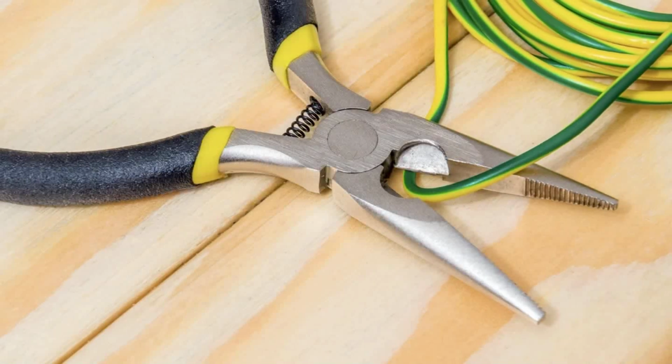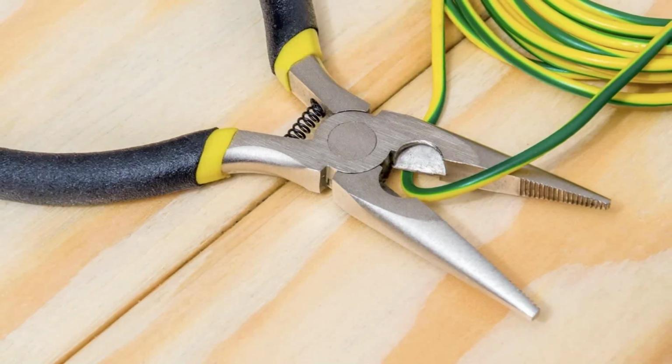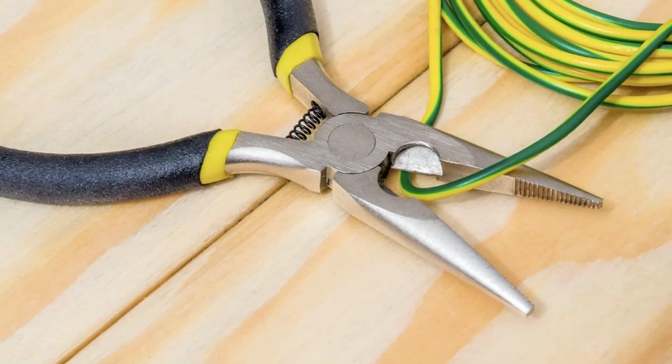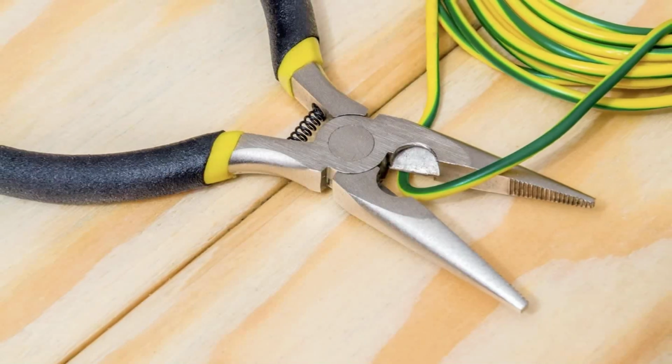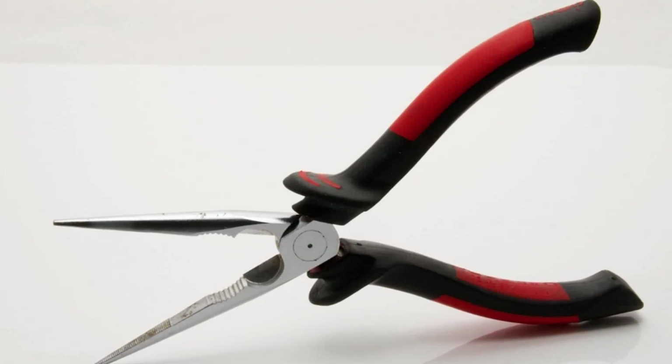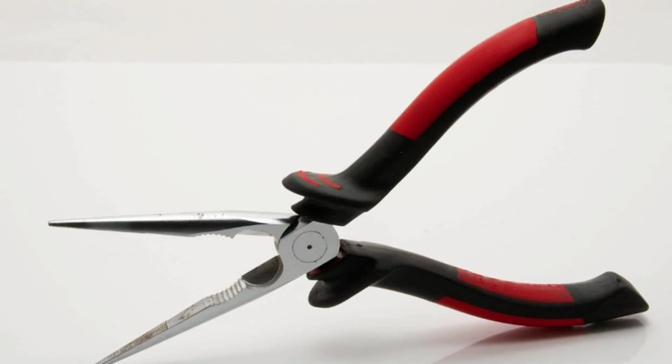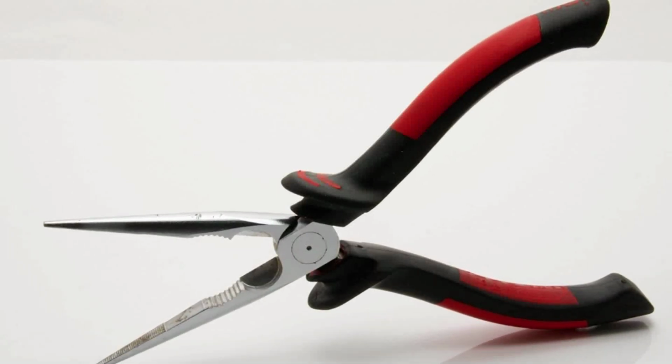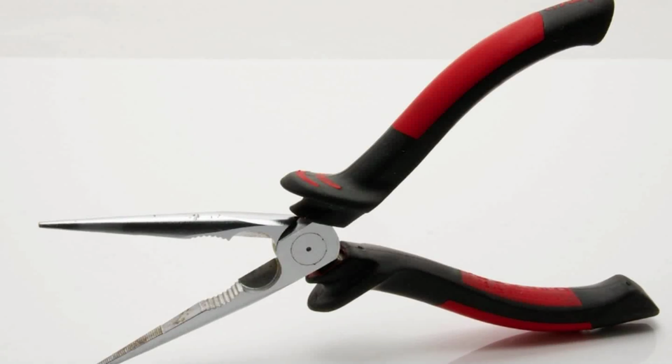Next is the long nose pliers. They are also known as needle nose pliers. They have a long and narrow tip. This makes them perfect for working in tight spaces. They are commonly used for bending small wires, holding screws, and making detailed electrical adjustments.